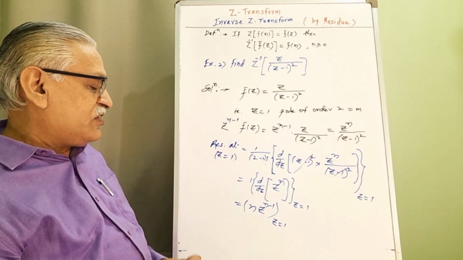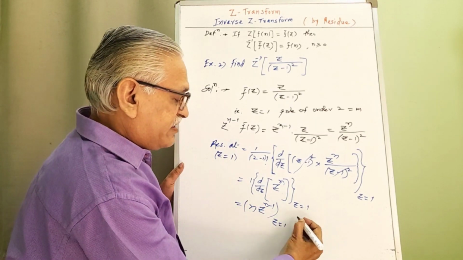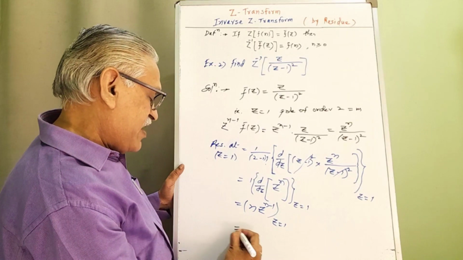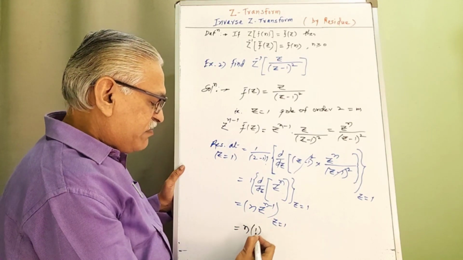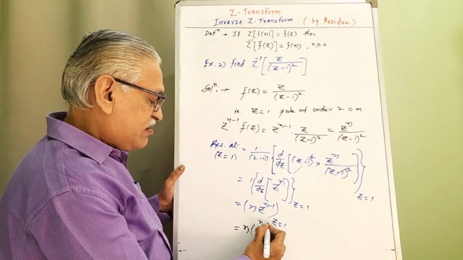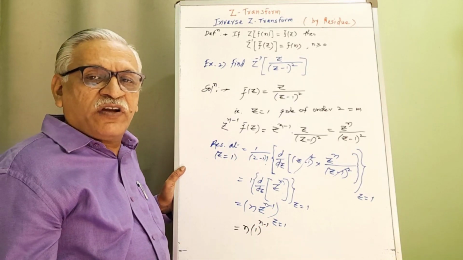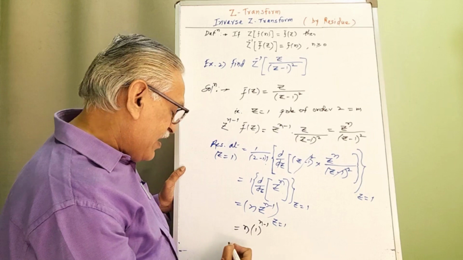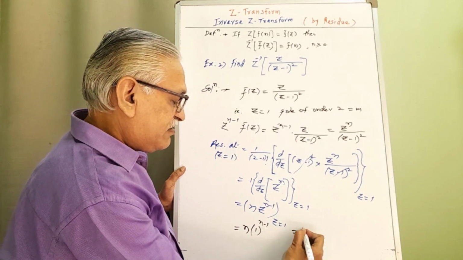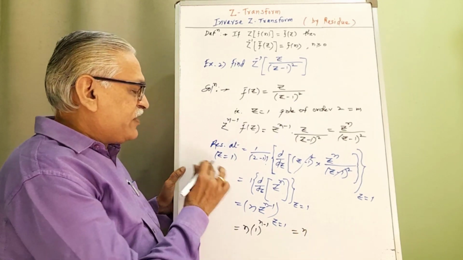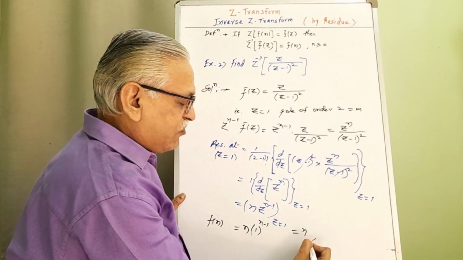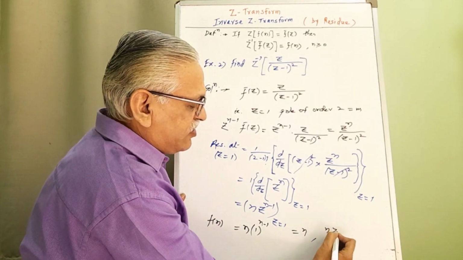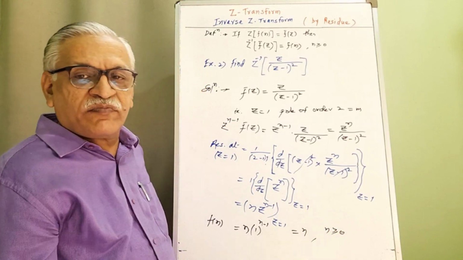Substituting the value of z as 1 here, we get n times 1 raised to n minus 1. 1 raised to anything is 1, and therefore the value of f of n is n, for the condition n greater than or equal to 0.